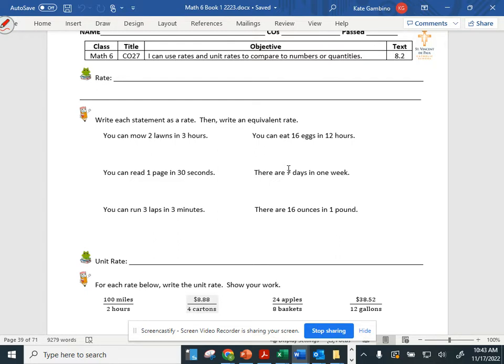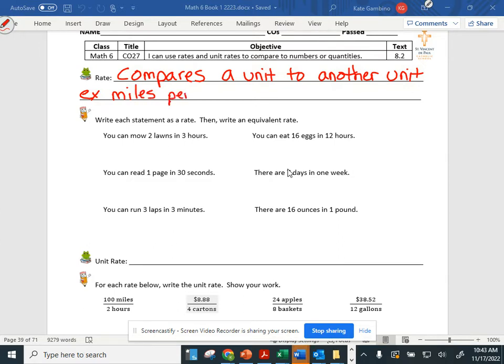A rate compares, instead of a part, we're going to say the rate compares a unit to another unit. So an example would be miles per hour.